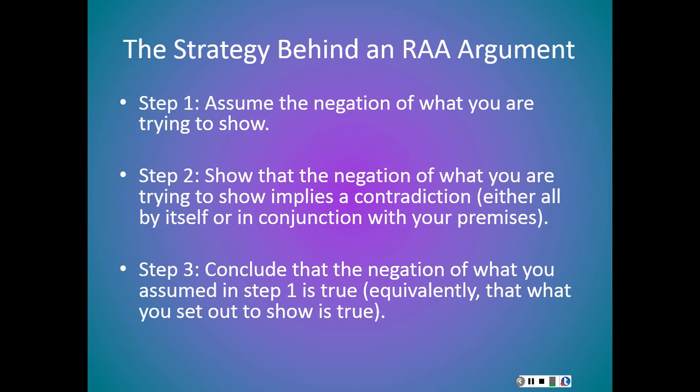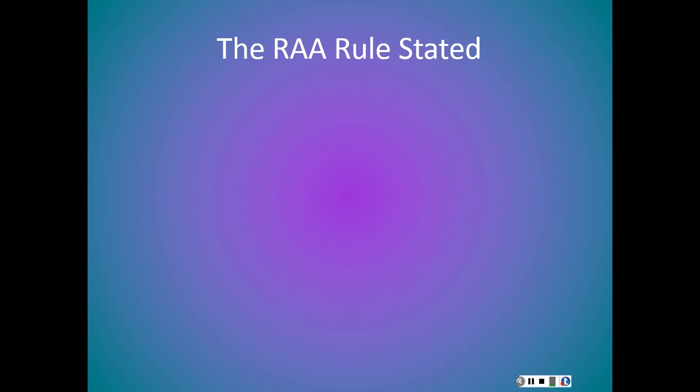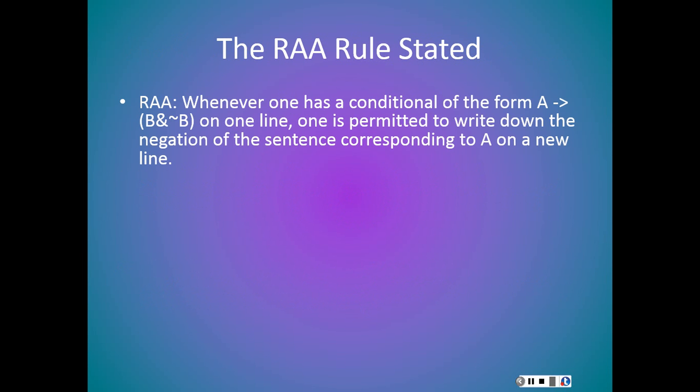So we want to add a rule to our system that allows us to replicate that argument strategy. So here is a statement of that rule. Whenever one has a conditional of the form if A, then B and not B on one line, one is permitted to write down the negation of the sentence corresponding to A on a new line.